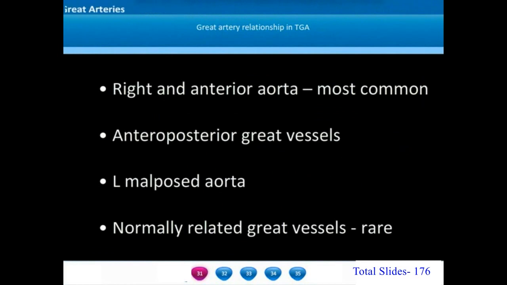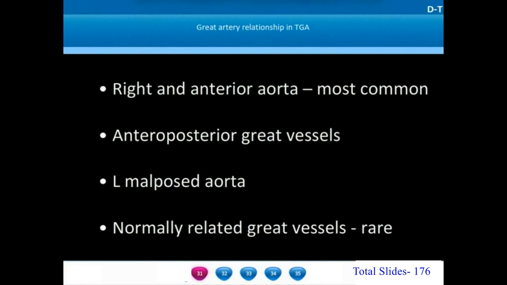So far, we had seen in a simple transposition of great arteries the evaluation of the interatrial communication and the interventricular septal profile. Now we move on to the great artery relationship in transposition of great arteries. Right and anterior aorta is the most common great artery relation.